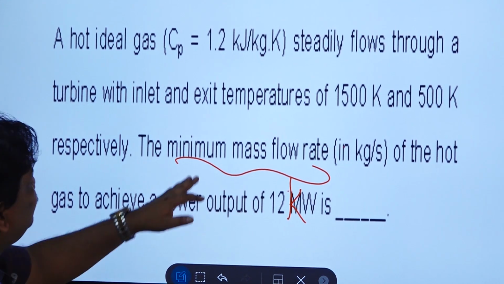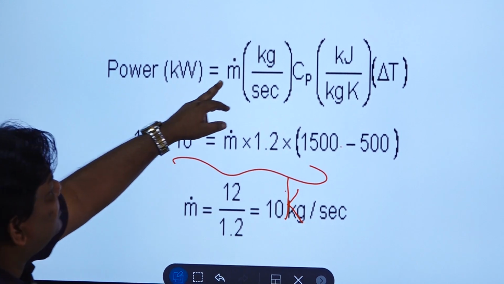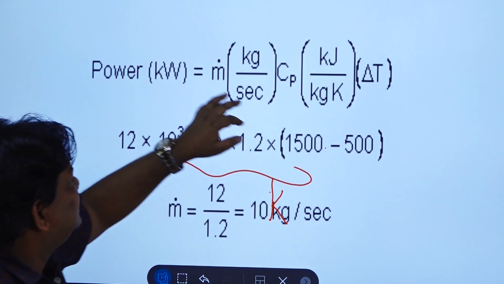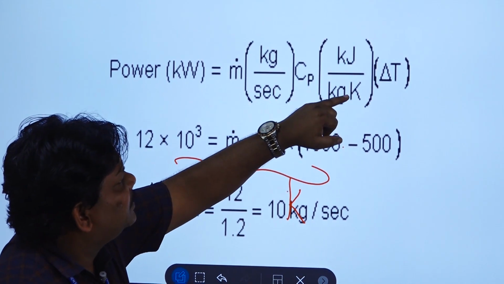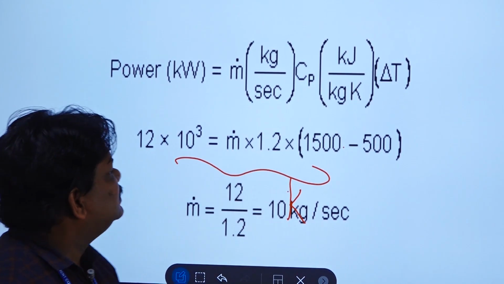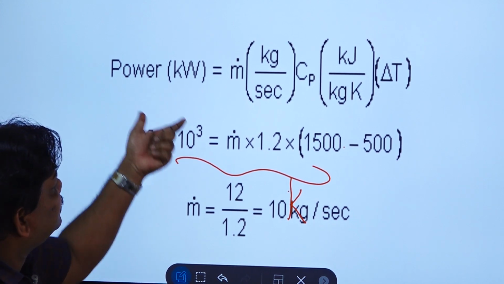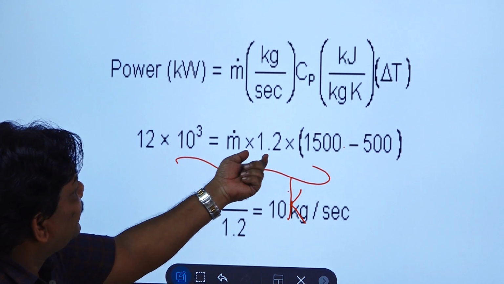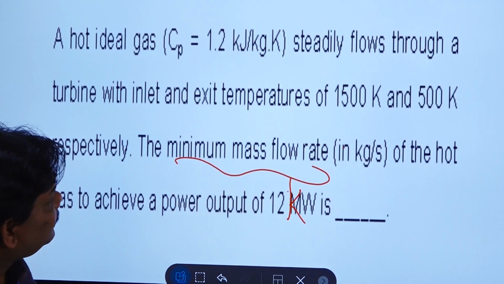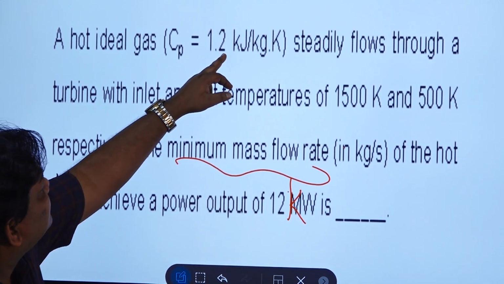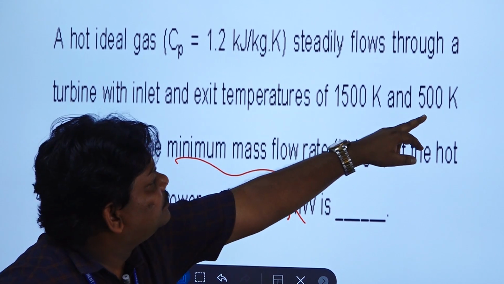You should know the formula for this. The power is equal to m dot Cp into delta T, where m is in kilogram per second, Cp in kilojoule per kilogram Kelvin, and the change in temperature. So 12 into 10 power 3 is the power given to you, m dot is the mass flow rate, 1.2 is the specific heat capacity, and the change in temperature is 1500 minus 500.